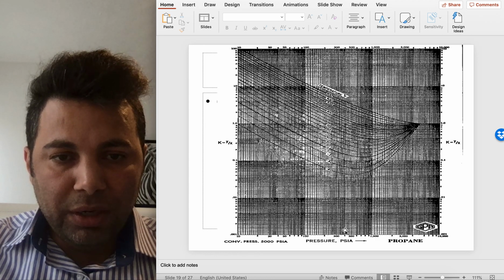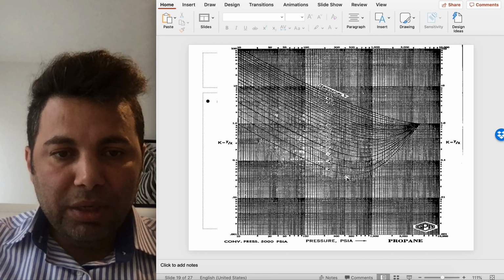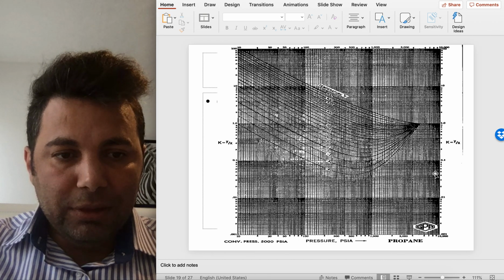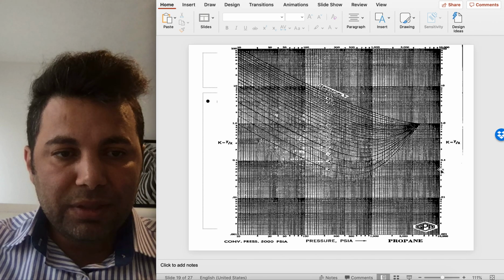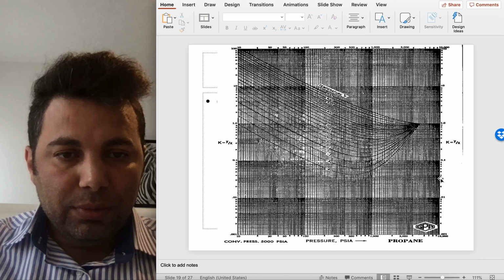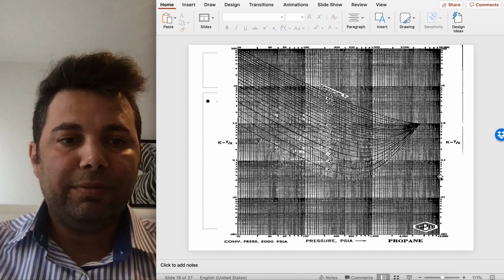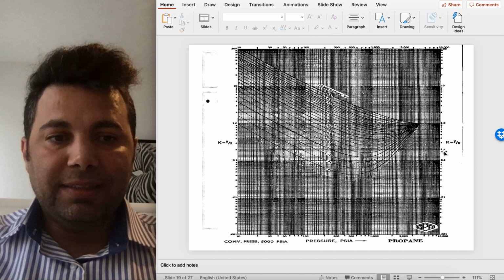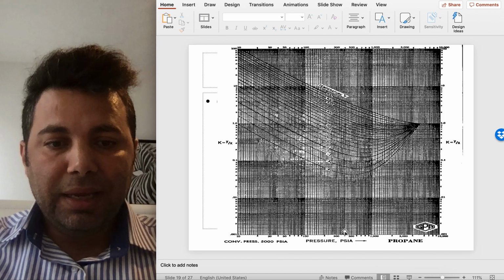Let's say it's 400 psi and minus 60 degrees Fahrenheit, I can read the K value, here is 0.01, 0.02, 0.03, 4, 5, 6. So I can read that value at 0.04 or 0.05 as the value of K for propane at 400 psi and minus 60.